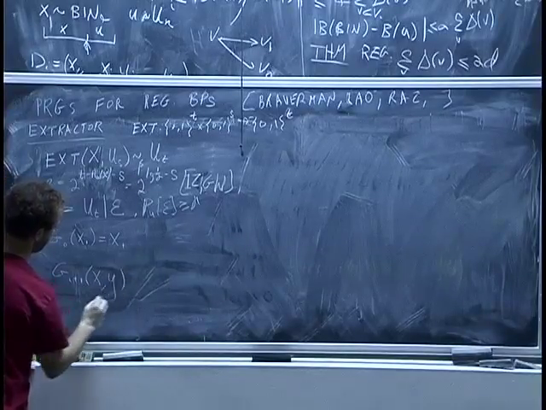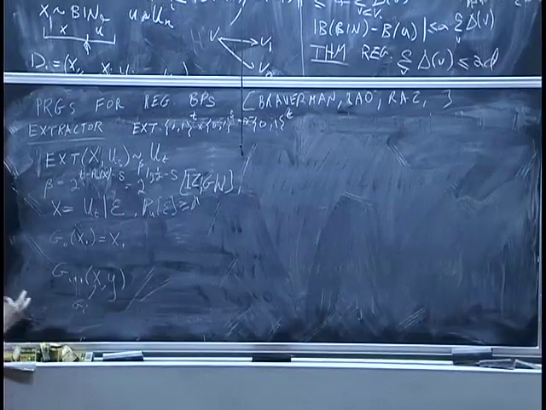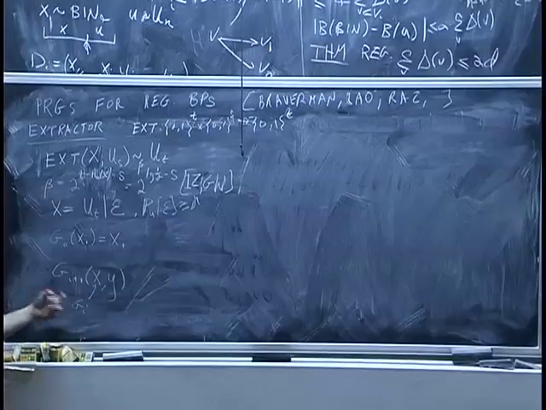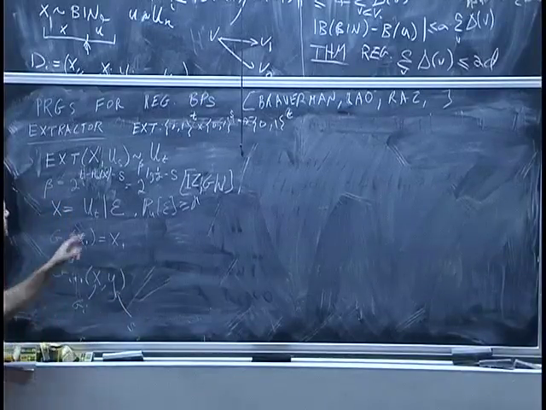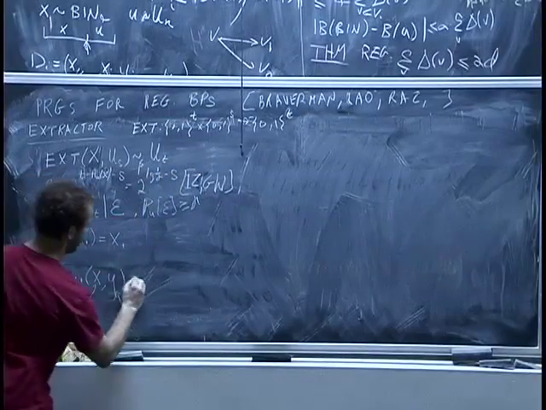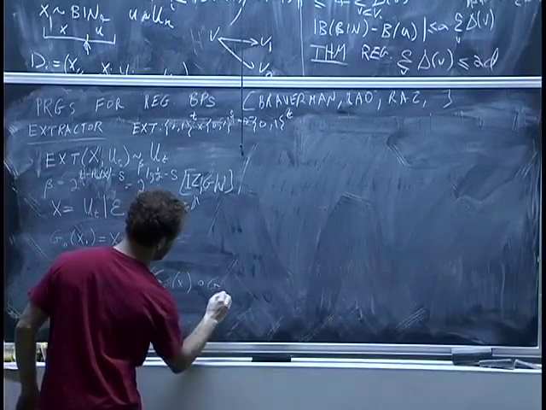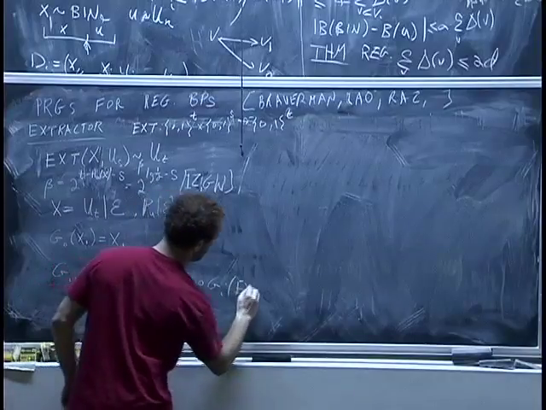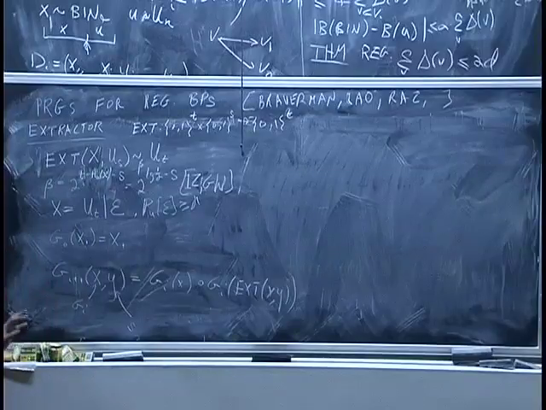We'll get 2 inputs. One will be of size equal to the input of the previous one, and the other will be of size s. S is this parameter of the extractor we have in mind. And it will be gi of x, and then we concatenate gi of x with the extractor of x and y. So this is the way we do the construction.